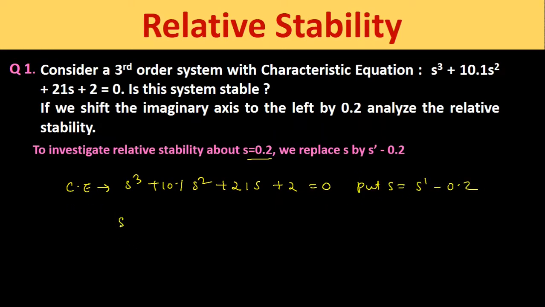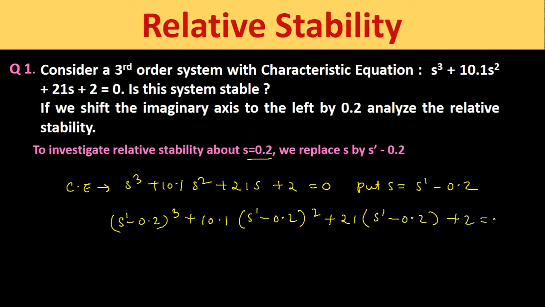We will get s dash minus 0.2 whole cube plus 10.1 into s dash minus 0.2 whole square plus 21 into s dash minus 0.2 plus 2 is equal to 0. Now we have to apply the s dash minus 0.2 whole cube formula, and here we have to apply s dash minus 0.2 whole square formula.